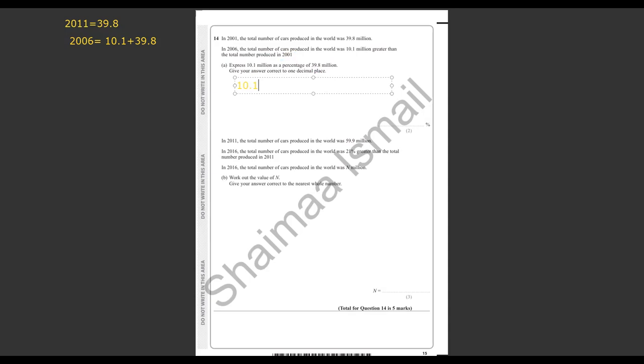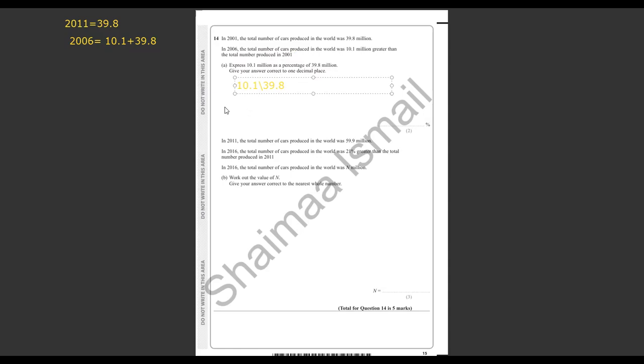10.1 dividing by the 39.8. And all this, we're going to multiply by 100.